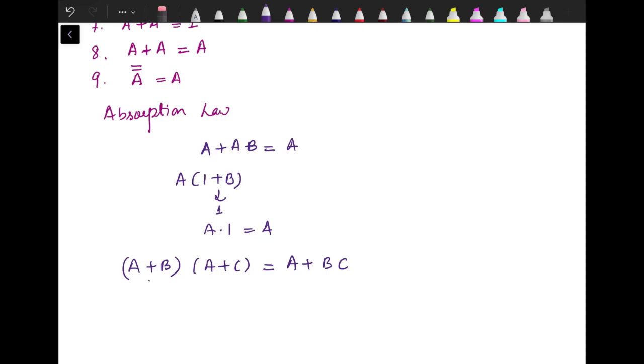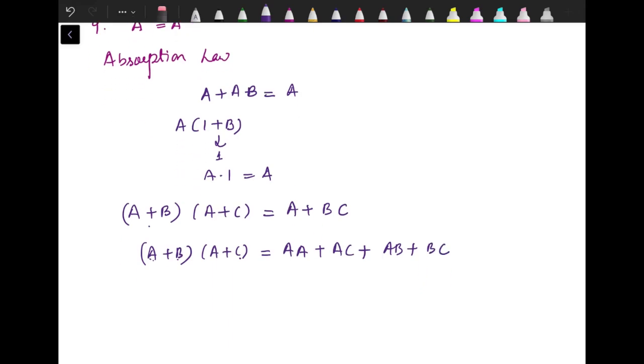If we expand this Boolean equation from the left hand side, firstly we have A into A, then A into C, then AB, then we have B into C. So A into A is A only. Then we can combine it with AB, just rearrangement of the terms.